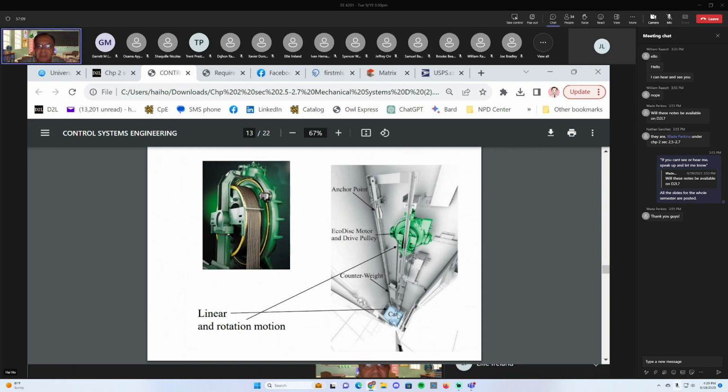The elevator is actually pulled by a motor, which is a rotational system right here. But because of the way the belt pulley system works, this belt converts rotational motion to linear motion of the elevator car. So this has both rotational and linear.